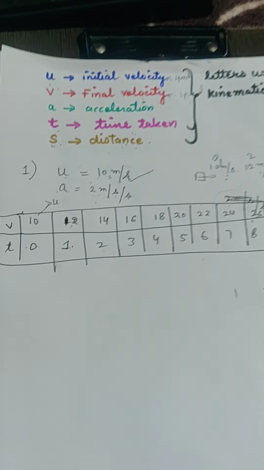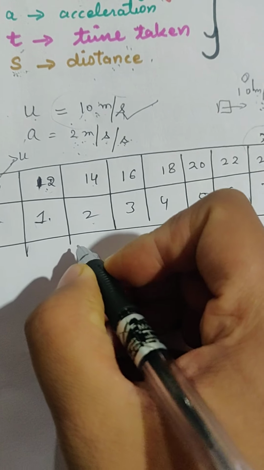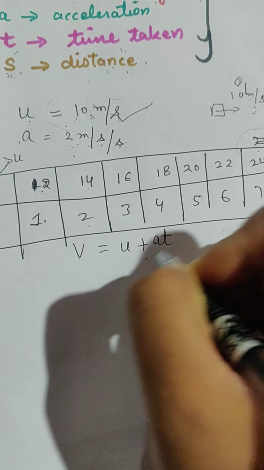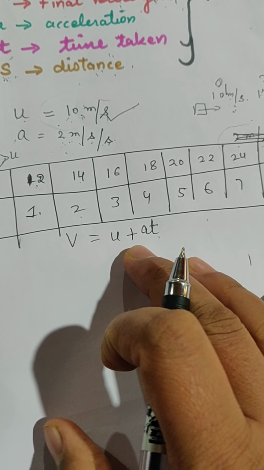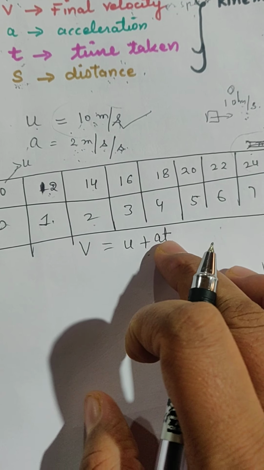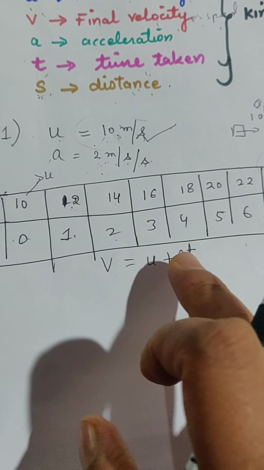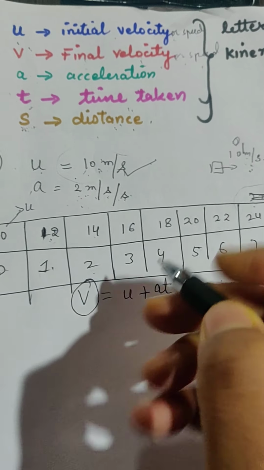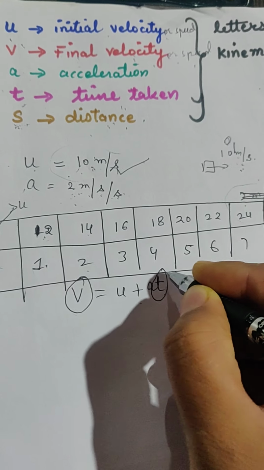So we have a formula, an equation of motion which says v equals u plus at. We have derived it. What we need to find out is the final velocity at t equals 10 seconds.